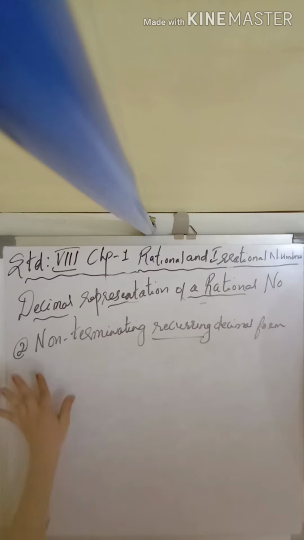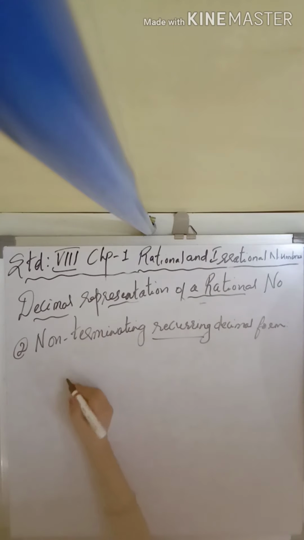What does this mean? As you can see, the word non-terminating means your division will not terminate. That means your division does not end. Recurring means, what is meant by recurring? Some value is repeating, some number is coming again and again. That is the meaning of the word recurring. Some number is repeating again and again. So it is called recurring.